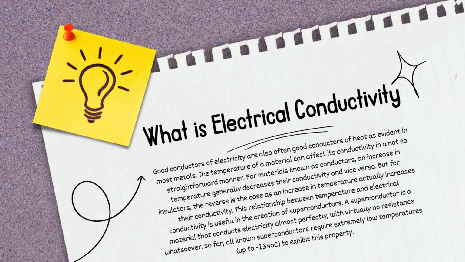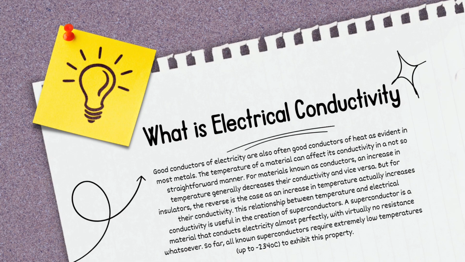Good conductors of electricity are also often good conductors of heat, as evident in most metals. The temperature of a material can affect its conductivity in a not so straightforward manner. For materials known as conductors, an increase in temperature generally decreases their conductivity and vice versa. But for insulators, the reverse is the case, as an increase in temperature actually increases their conductivity.